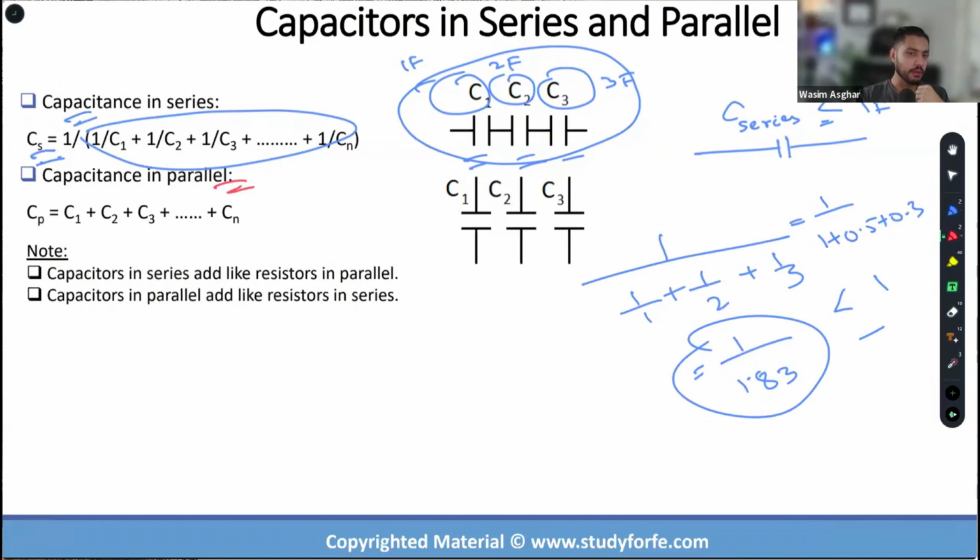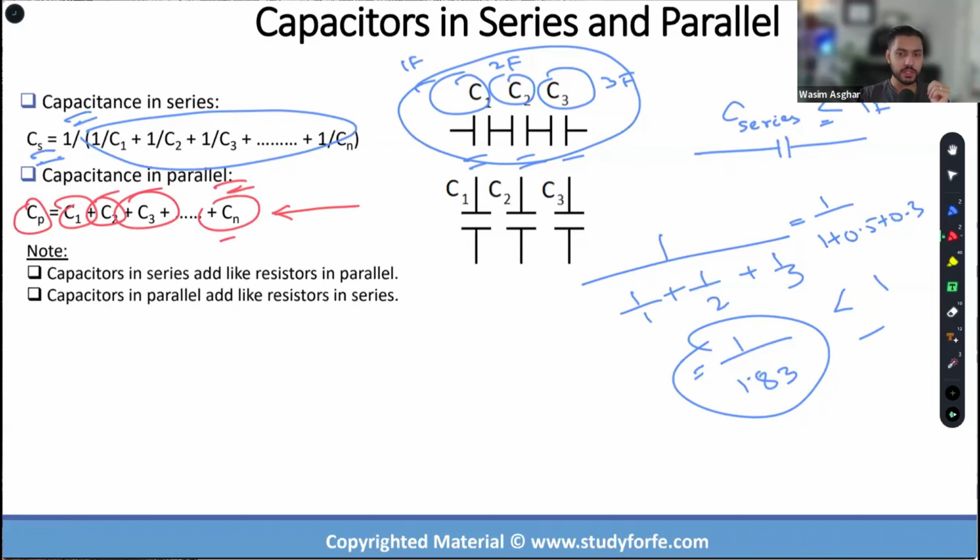When we look at them in parallel, they're opposite. They simply add their farads, their capacitances together with simple summation to give you the equivalent capacitance. Okay, and this is a behavior of resistors in series. So in summary, with the parallel formula, the C equivalent is going to be larger than the largest.